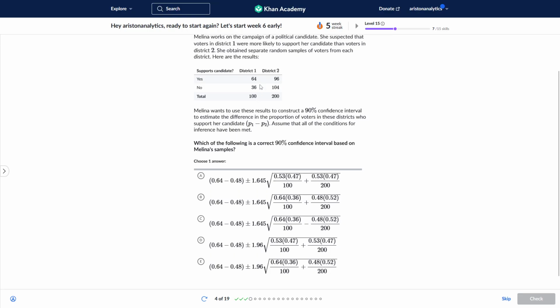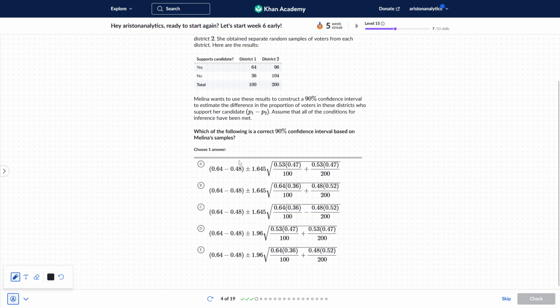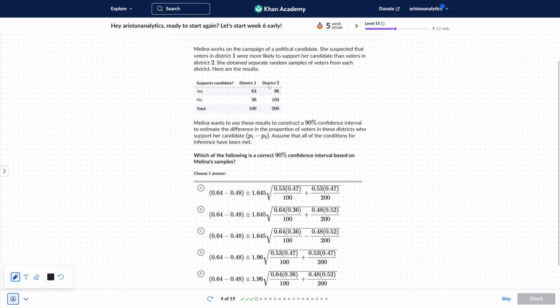Which of the following is a 90% confidence interval based on these samples? Okay, so P1 minus P2. Okay, so all of this is right. We can narrow it down by the z-score for the confidence interval, 90%.